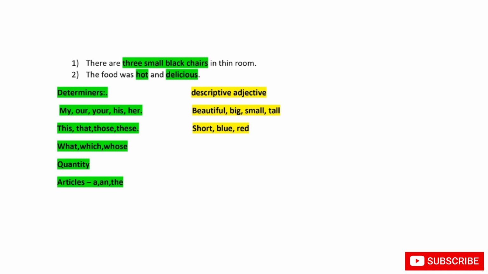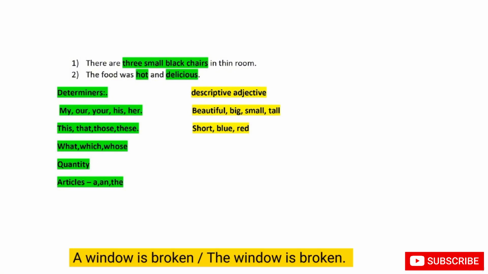And finally, articles, that is the words a, an, and the, are also considered adjectives because if I said a window is broken, it could be any window. But if I said the window is broken, we both know which window I'm talking about. So articles give us information about nouns, and so they're also adjectives.